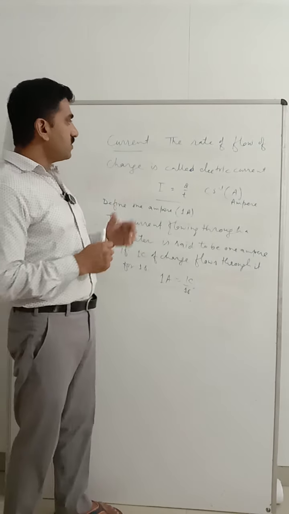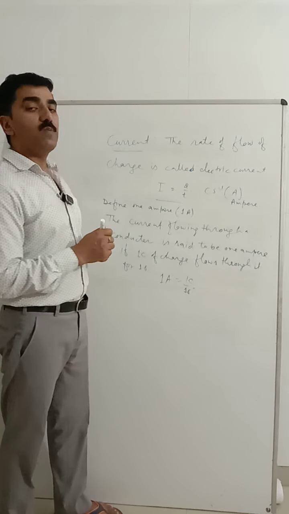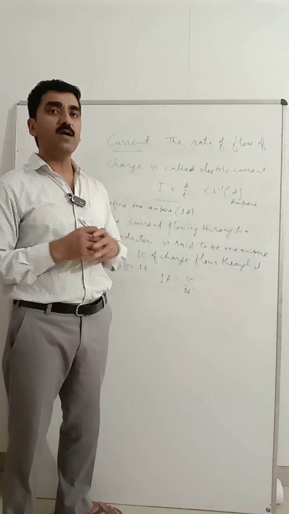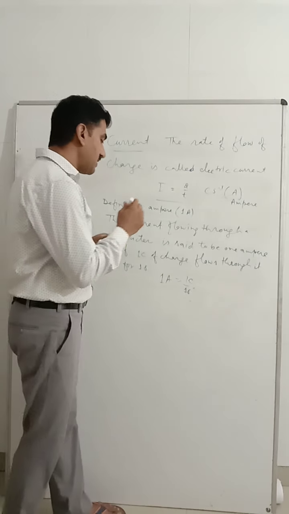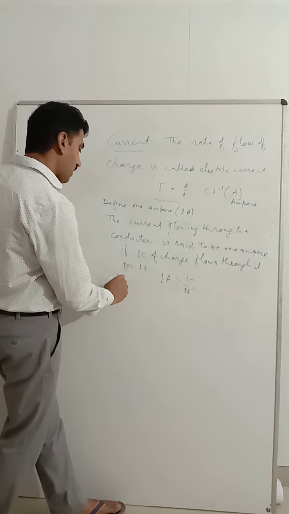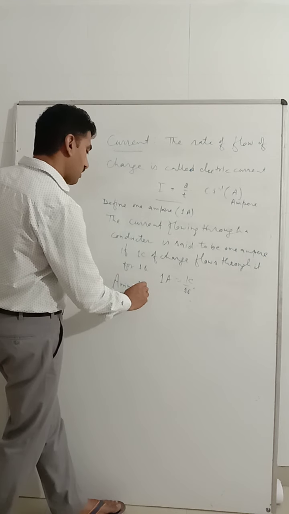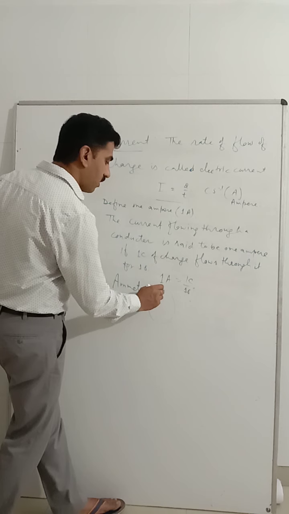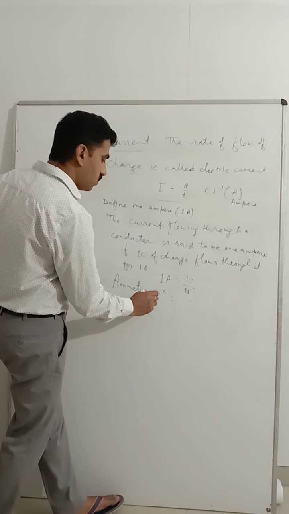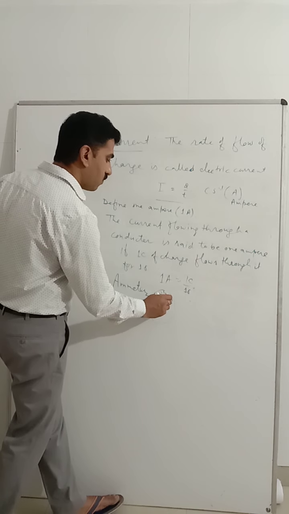So what is current and how do we measure current? We measure current with the help of an instrument called an ammeter, A-M-M-E-T-E-R. This is an instrument in which there is a reading from 0, 1, 2, 3, 4, 5 and so on.